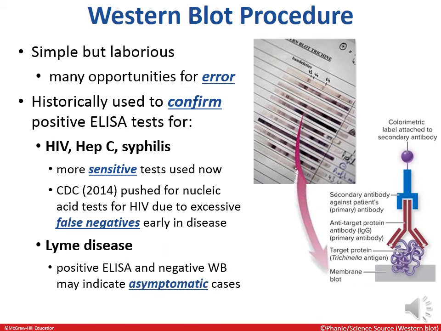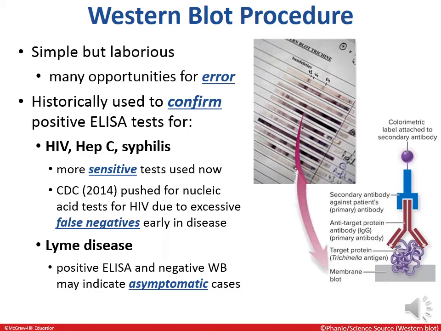The other disease that we use this for in combination with the ELISA is Lyme disease. This is a notoriously hard to diagnose disease because it can set up as a chronic infection and leave you with symptoms that may be years between when you have the acute initial infection and the later infection.